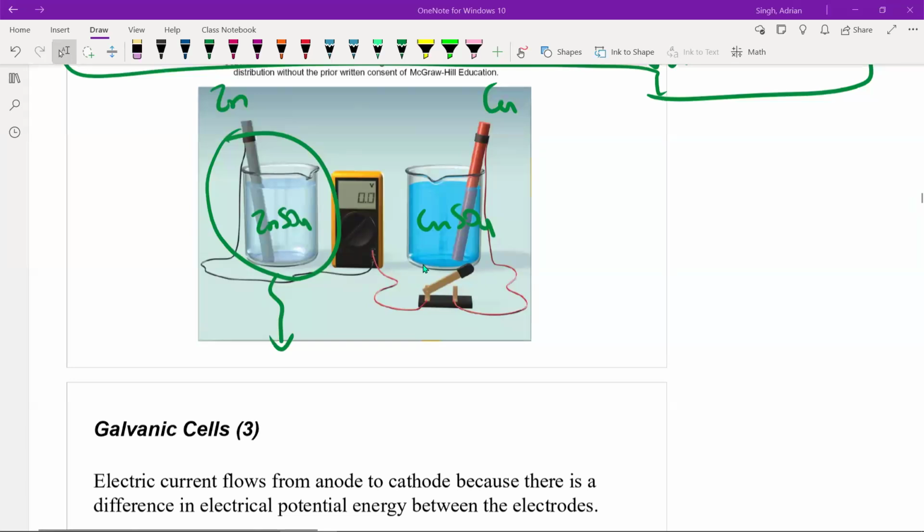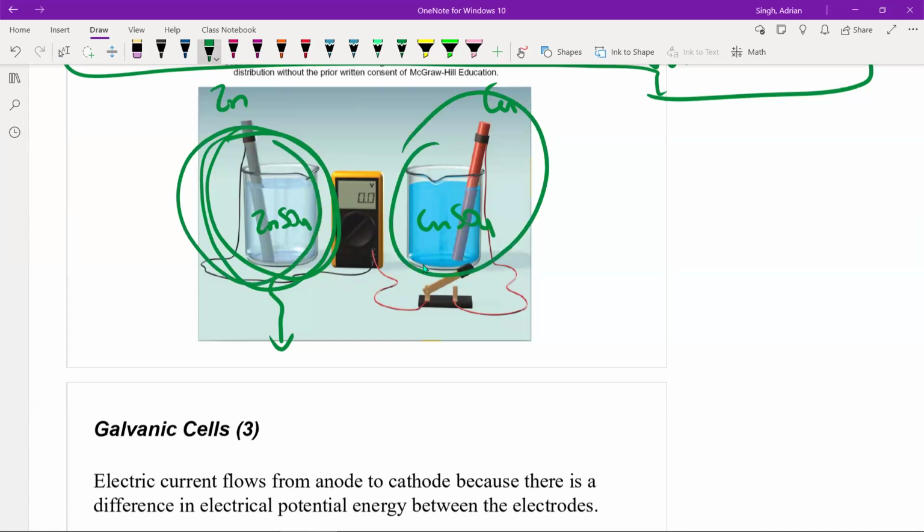So we've separated the oxidation and the reduction reactions from each other. And these containers that contain the reduction and the oxidation, we refer to as half cells. So this is a half cell and that's a half cell. We connect them together, and we call that a galvanic or a voltaic cell. And again, we have those two half reactions occurring.